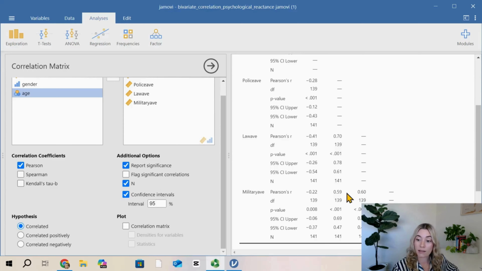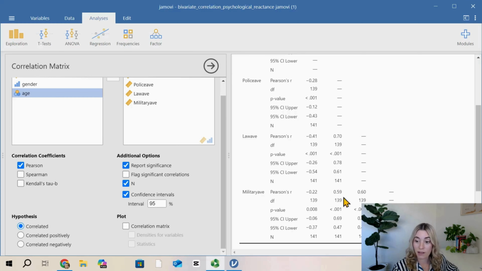The sign in this example tells us that as support for police or more positive attitudes towards police increases, so do attitudes towards military. If there were a negative sign before this numerical value, we would interpret it as support for police increases, support for military personnel decreases, or conversely, as support for police decreases, support for military personnel increases.